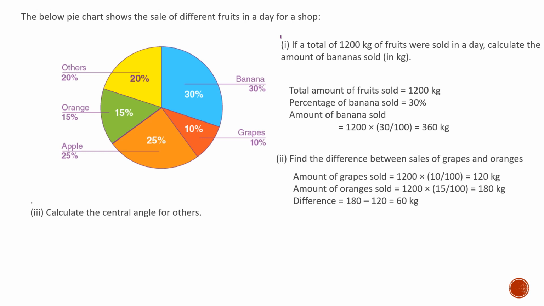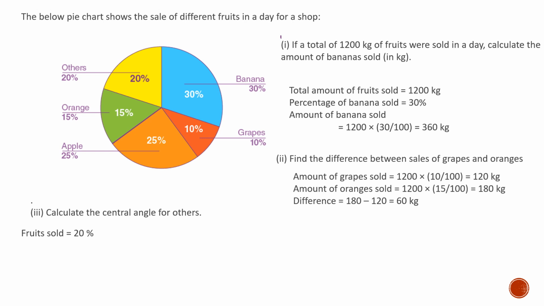Calculate central angle for other fruits. As we know, the total angle in the pie chart will be 360 degree. So to convert percentage into angle, we have to multiply by 360 degree. Now percentage value corresponding to other fruits is 20%.